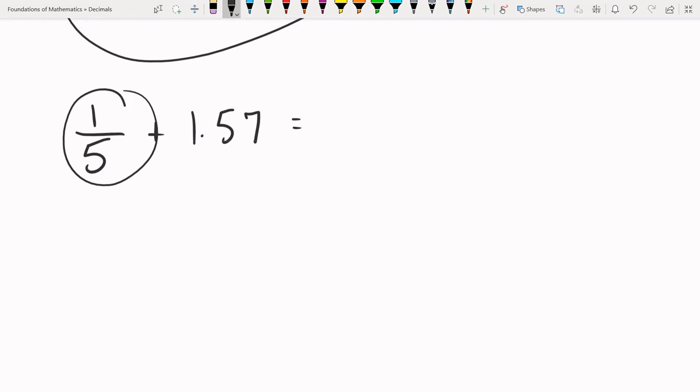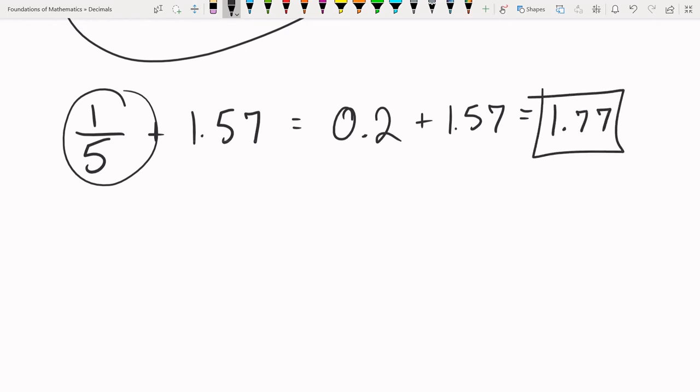So 1/5, we can do 1 divided by 5 in a calculator. What you'll see is we get 0.2. And now we directly know how to do this. We just put the decimal points in the same spot, and we get 1.77. Right, you just do 0.20 plus 1.57. That gives you 1.77.